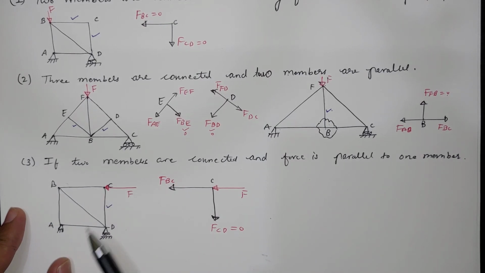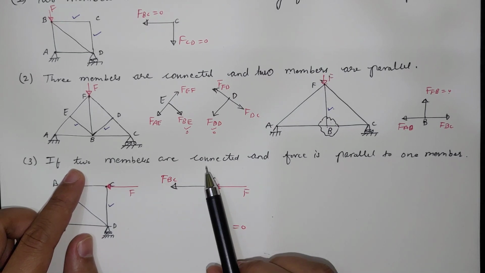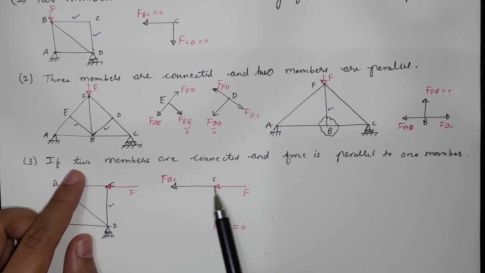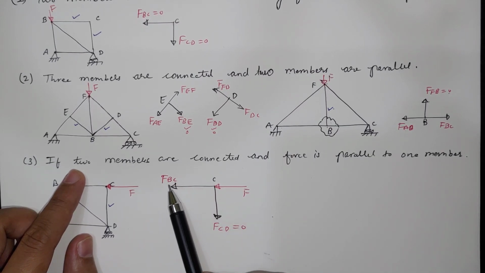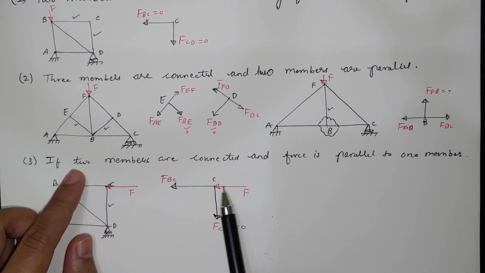If we look at point C and draw a free body diagram of point C, two members FBC and FCD are connected, and one is the force. Now the criterion is that two members are connected, yes there are two members, and the force is parallel to one member, yes the force is parallel to FBC. So we can say this force will be equal to FBC but in the compression direction, because both are in the same direction.